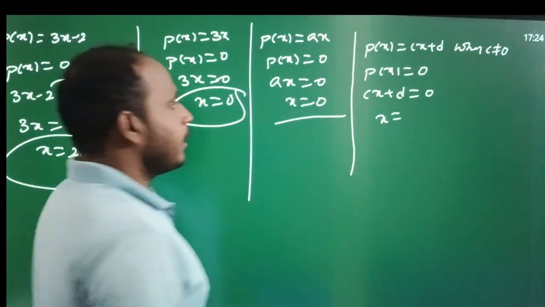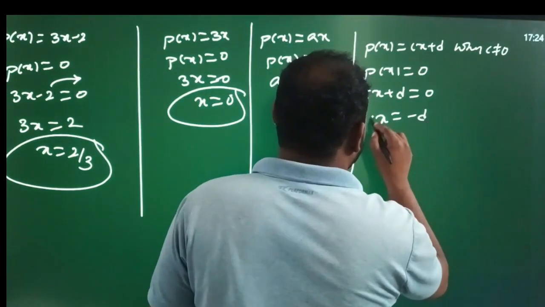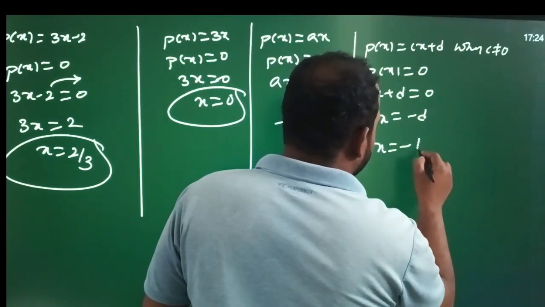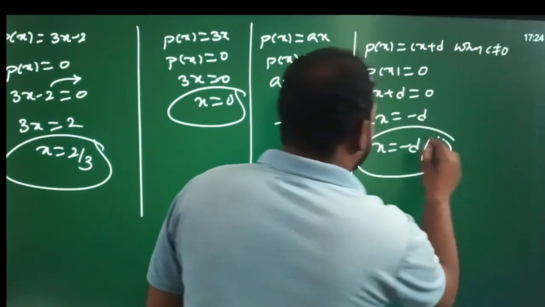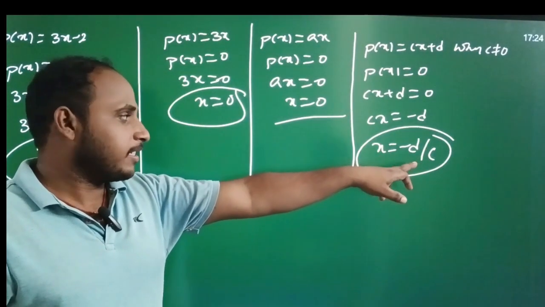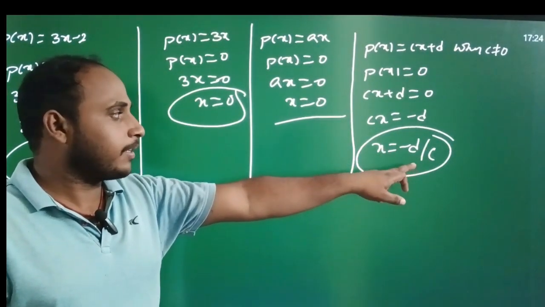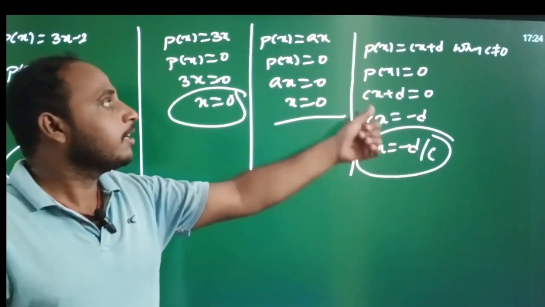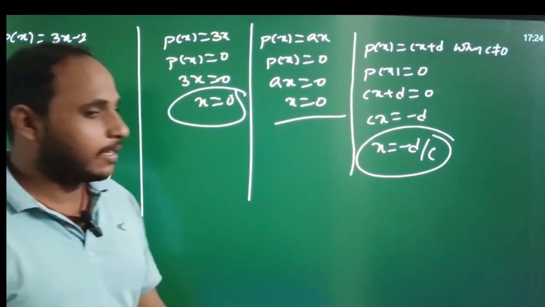Plus d is transferred to that side and converted to minus d. So cx equals minus d. Here c is multiplied, c is transferred to that side, then x equals minus d by c. x equals minus d by c is the zero of the polynomial cx plus d.